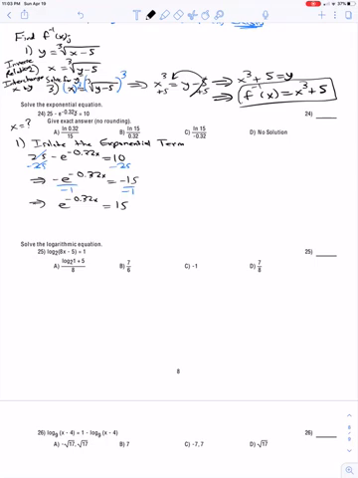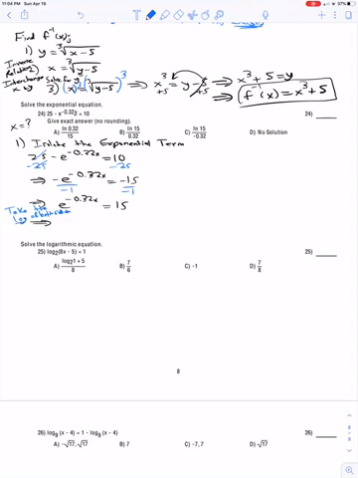Now, here's where our work comes in. How do we get x out of the exponent? Well, we like to be able to write both sides with the same base, and we could drop down the exponents. But since we can't, since we're dealing with a natural number e, we're going to introduce logarithms. So we're going to take the log of both sides, using log properties.